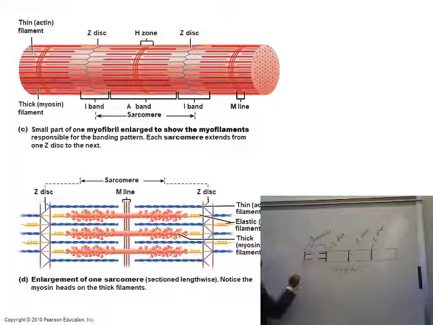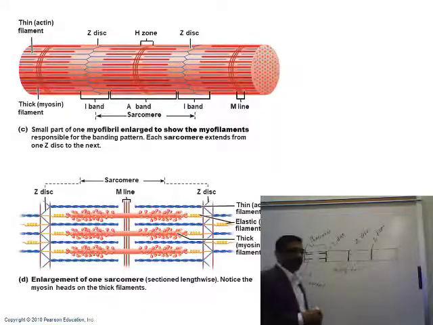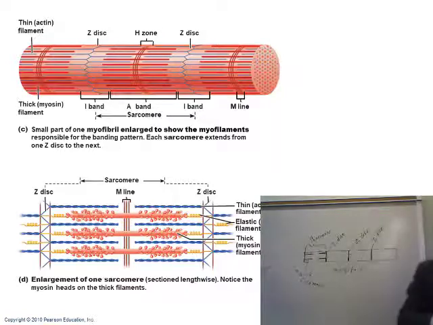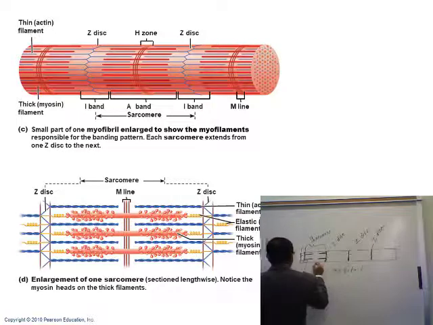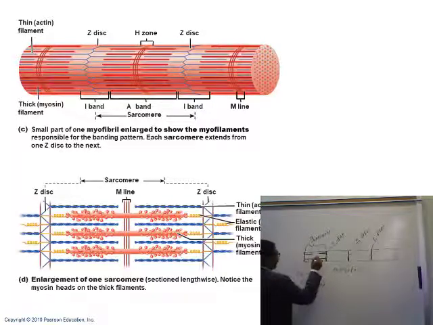So inside the sarcomere you have thick filaments and another type of filaments, those are called thin filaments.